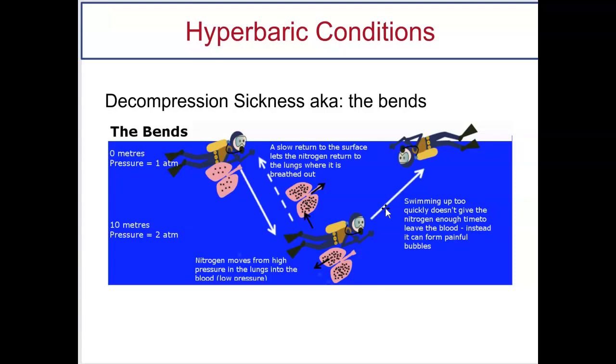You see these nitrogen bubbles start coming out of your blood. Well, that's a problem. For one thing, they get in your joints, so you have excruciating pain. That's why they call it the bends, because you're bent. It can cause embolism. It can be fatal. So the issue, again, is you need to come up slowly to give the time for the nitrogen to leave the blood and be exhaled. Coming up too quickly is a problem. And this is another example of Henry's law.